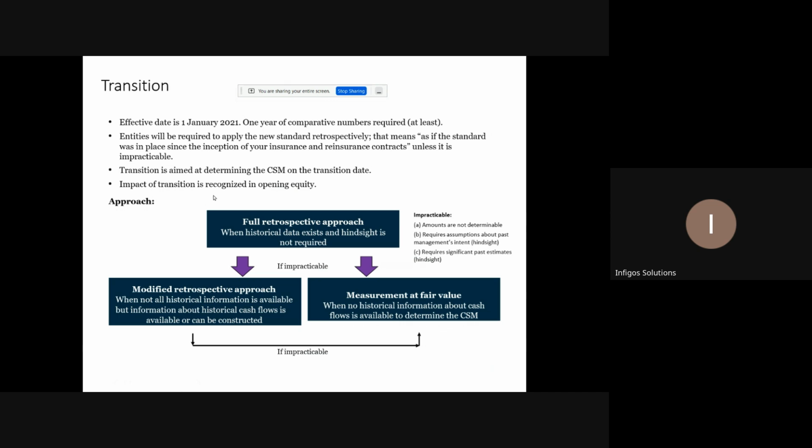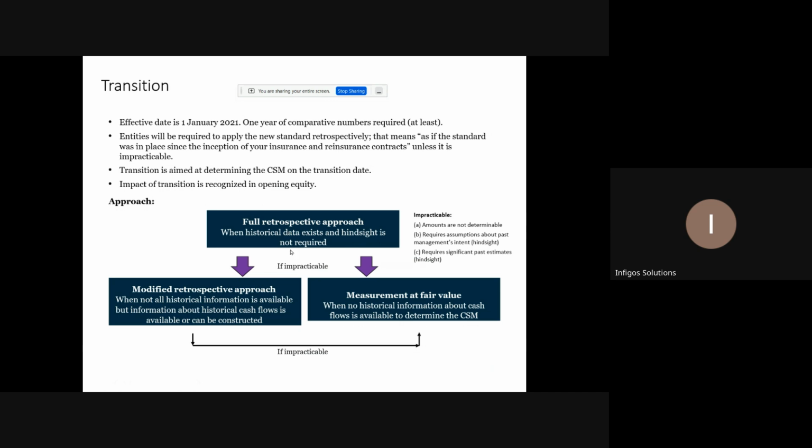When you talk about transition, it means you implement IFRS 17 as if you had always been following IFRS 17. That's called the fully retrospective approach. You have historical data, and hindsight is not required.